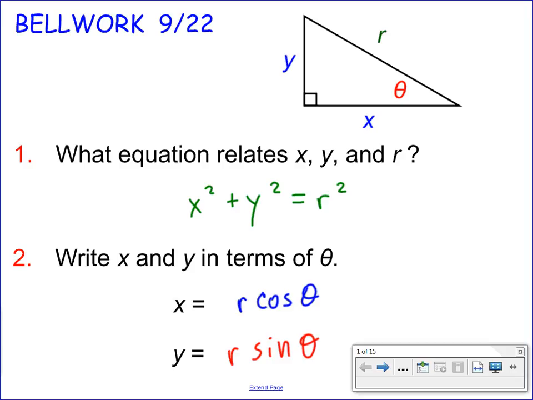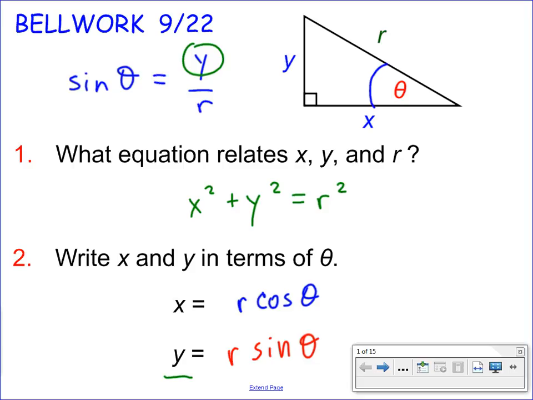And so where do these come from? What my x equals and my y equals? Well, same thing. They come from my picture. If I consider my right triangle trig ratios from my original picture, I know that my reference angle theta is related to the opposite and the hypotenuse via the sine function. So we could start from the beginning and say sine of theta is equal to the ratio y over r, and then solving for y would be multiplying r to both sides.